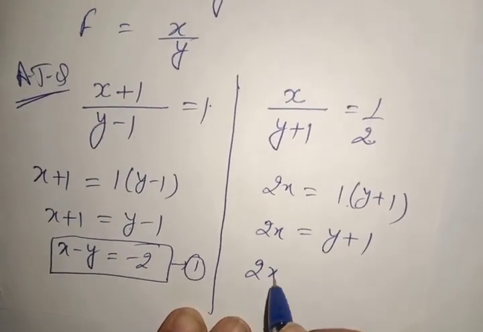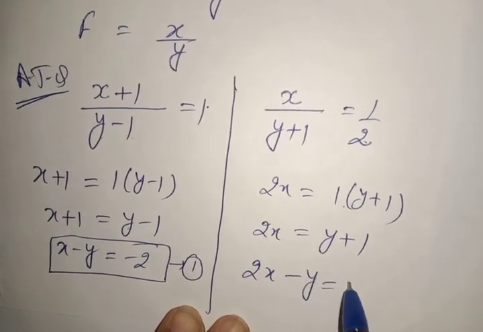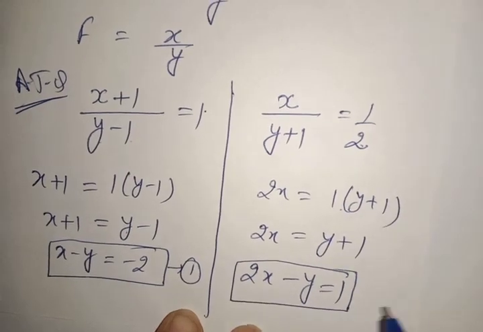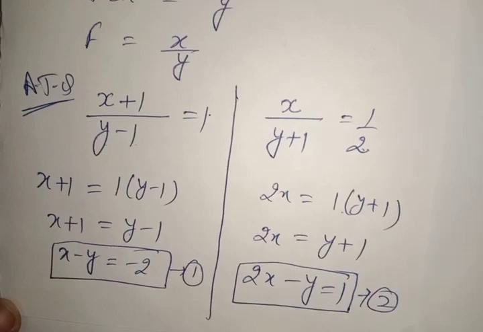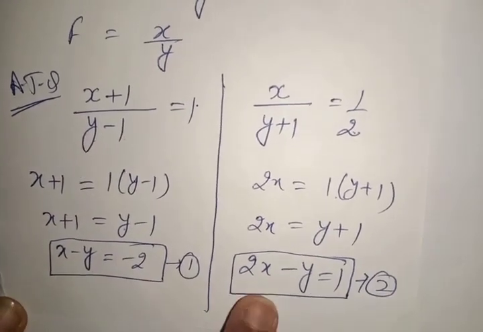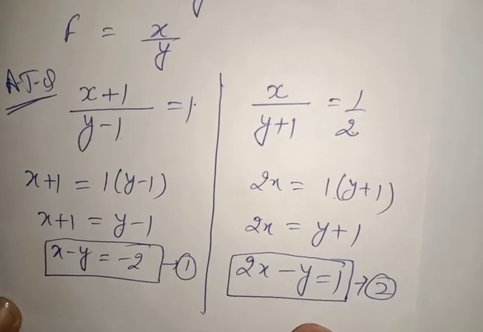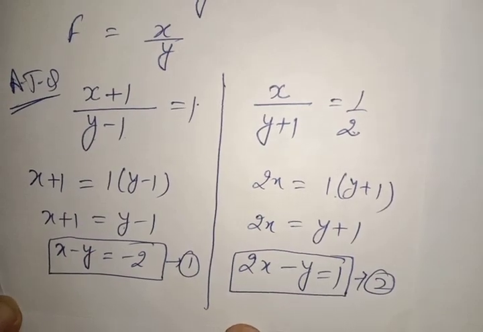And after solving it, this is 2x minus y is equals to 1. This is the second equation. And you know how to solve with the elimination method by multiplying this equation with 2 and eliminate x, or you can eliminate y. You can solve this question on your own.